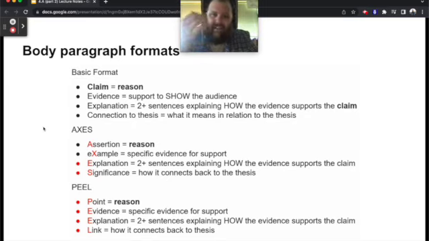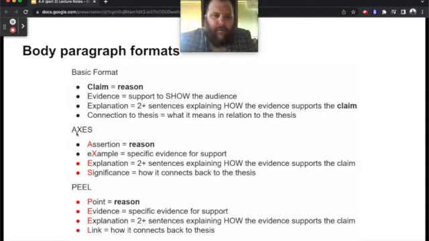These are formats. The basic format is basically you start your paragraph with a claim, right? What is this paragraph about? What is the main point that is being argued? Then you give evidence, and then you explain the evidence in 2 or more sentences, explaining how the evidence supports the claim. Actually explain it in your words, and then you connect it back to the thesis. What does this mean in relation to the thesis? Right?